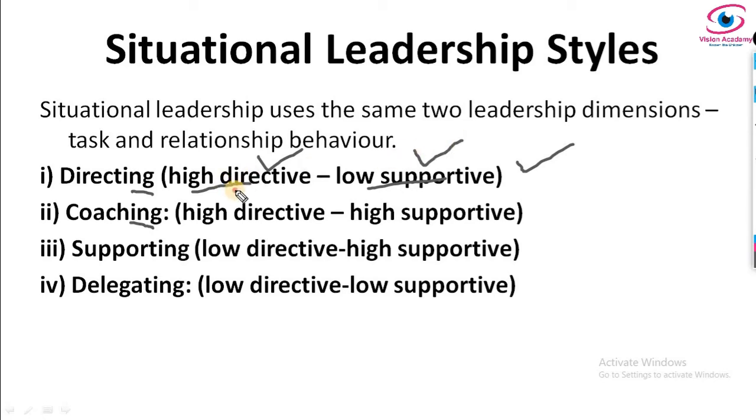Once he has defined roles and everything, what to do, when to do, how to do, everything he has guided, then support is less required. So in case of directing, high directive and low supportive is required.